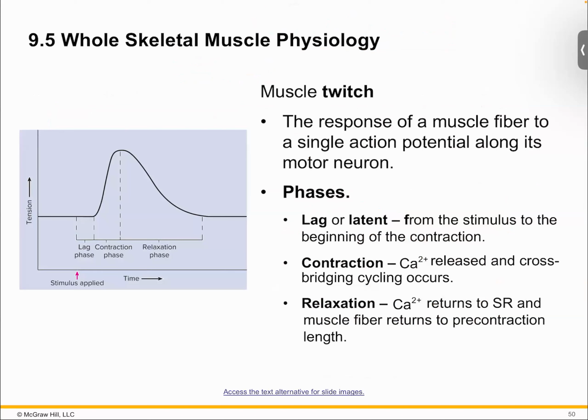Okay, so by the way, rigor mortis is caused by what? Muscles not being able to relax, basically, right? What actually causes it? Well, what causes it is the ATP detachment piece of it.